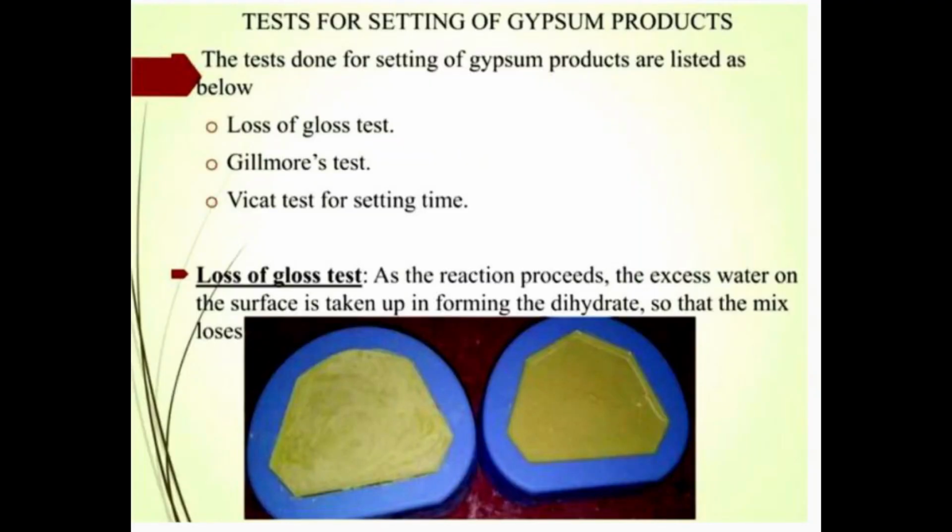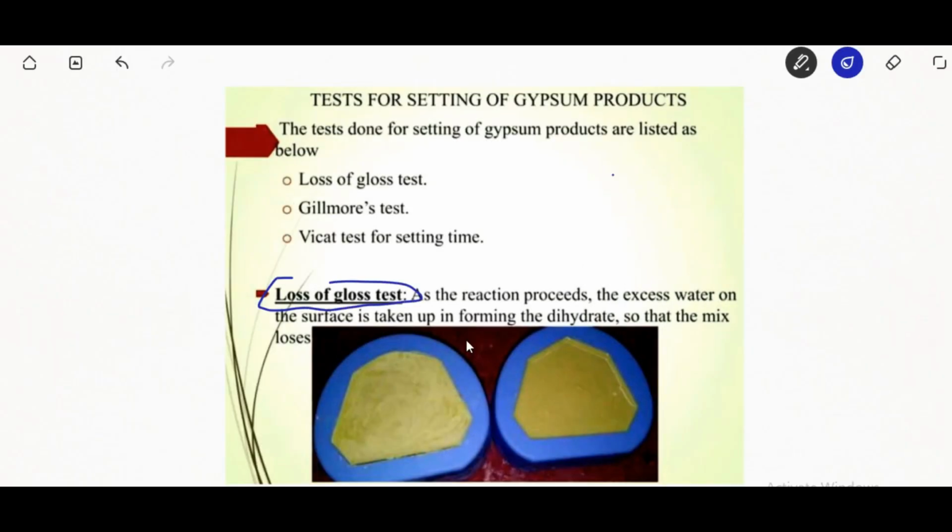What are the tests that are performed for the setting of gypsum products? The three tests that are generally in use are the loss of gloss test, the Gillmore test, and the Vicat test for setting time. In the loss of gloss test, the gloss disappears from the surface of the plaster mix, and it is used to indicate the initial set.